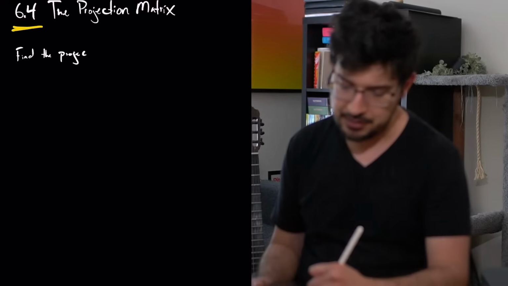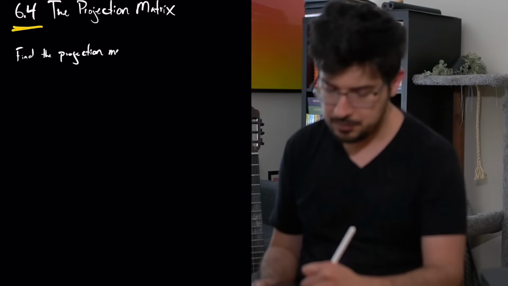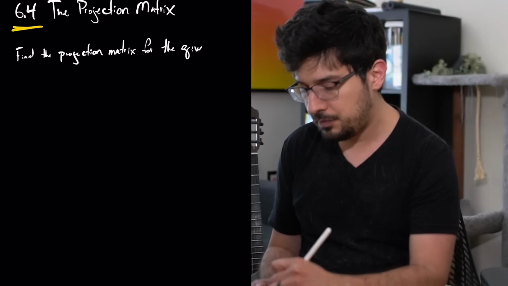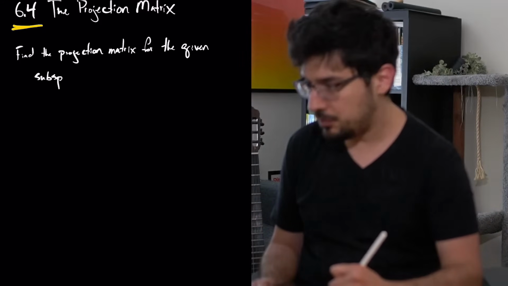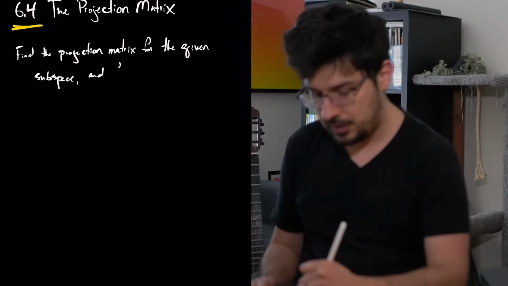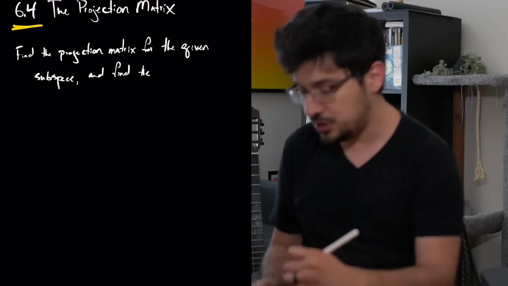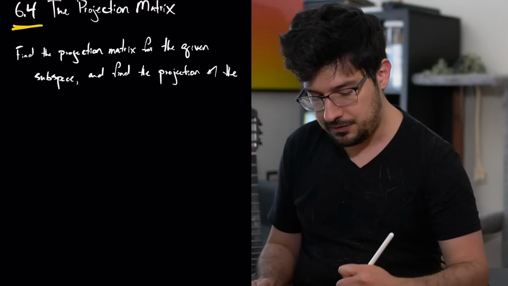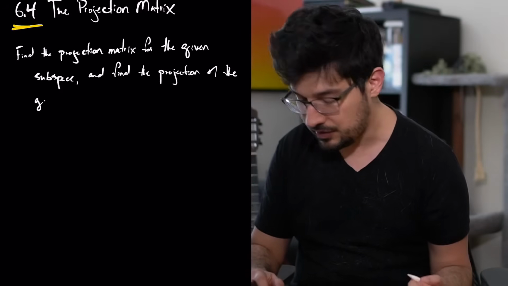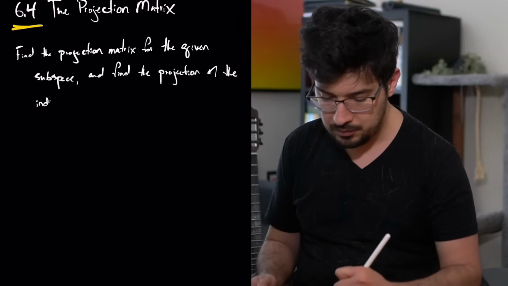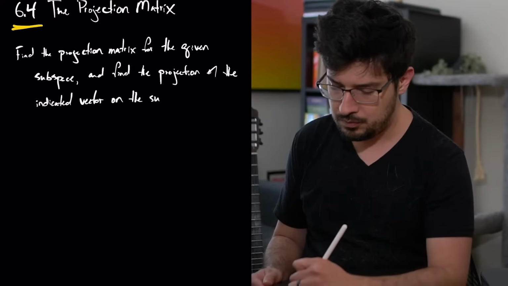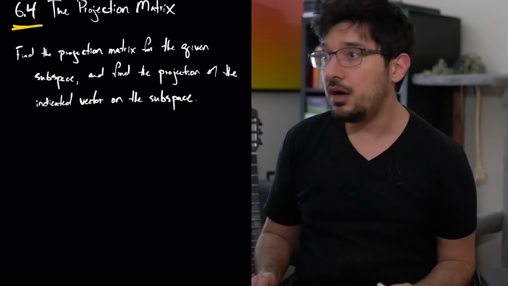Find the projection matrix for the given subspace and find the projection of the indicated vector on the subspace.